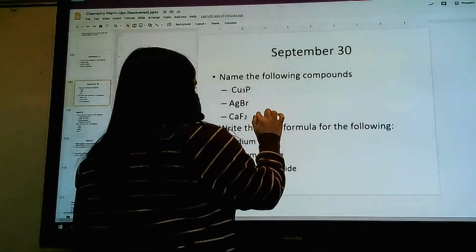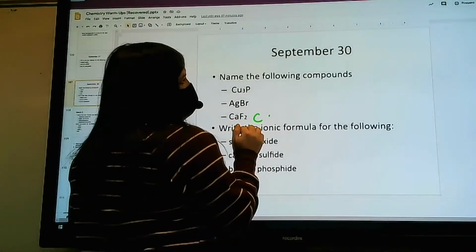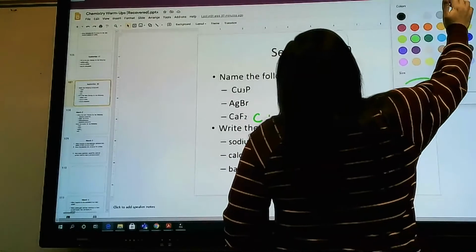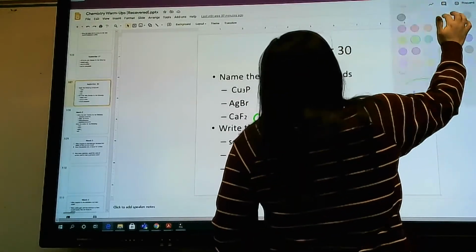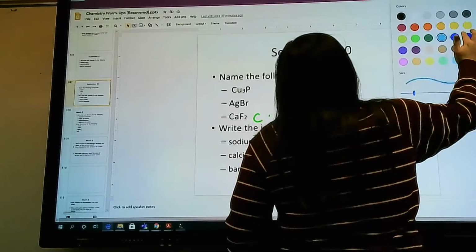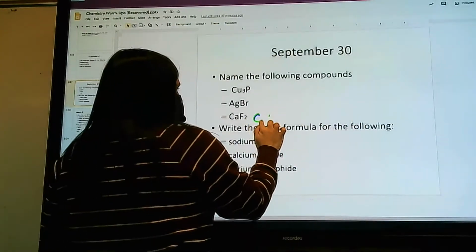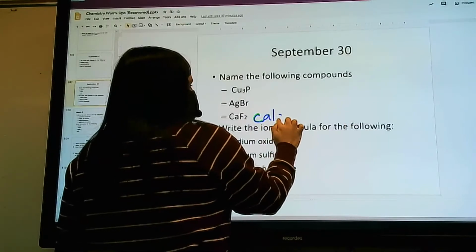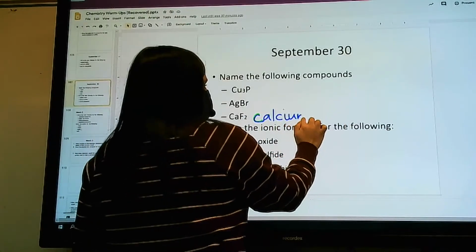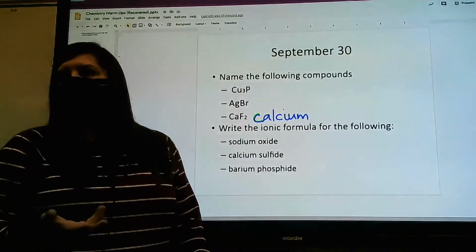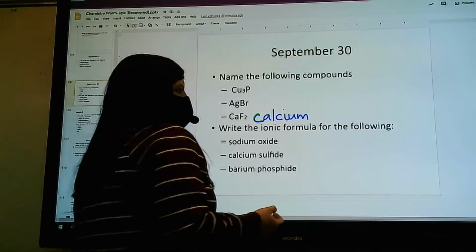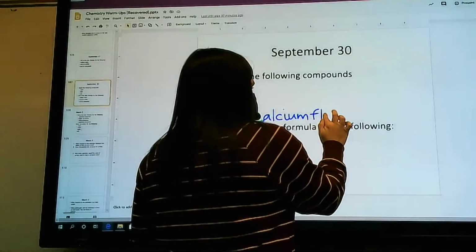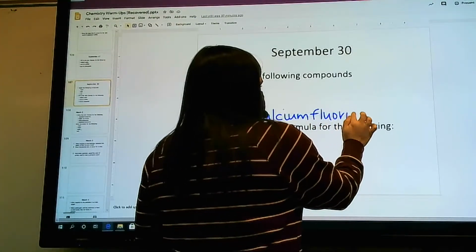So in this case, I just say calcium. And the only thing you're doing for that anion is adding an -ide at the end. So this is calcium fluoride. That's how we change this for an ionic bond.